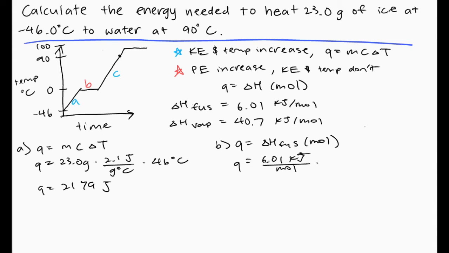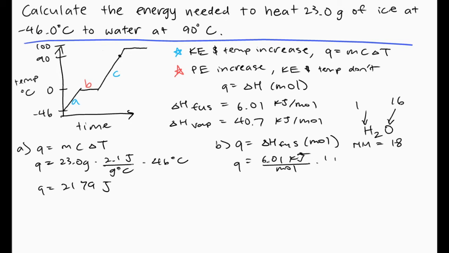We know that water is H2O. It has 2 hydrogens and 1 oxygen. The mass of hydrogen is, to the nearest whole number, 1 AMU, and for oxygen it is 16. So since we have 2 1s and 1 16, the total molar mass of water is 18.